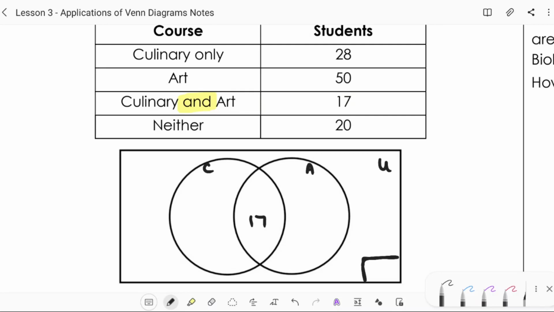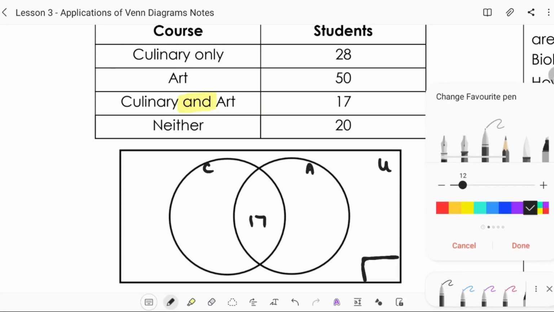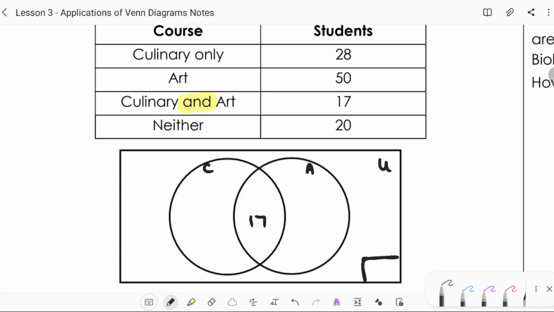Now that I have that, it makes it a lot easier for me to find just culinary or just art. So culinary only, or again, another way to think about it, it's culinary intersect not art. Culinary and not art. Well, there's 28 students in culinary only. They actually already told us that.